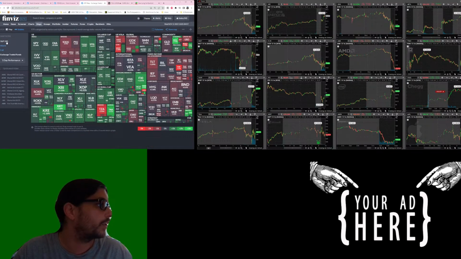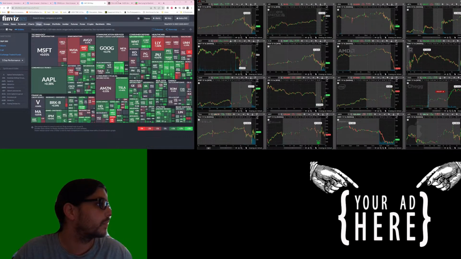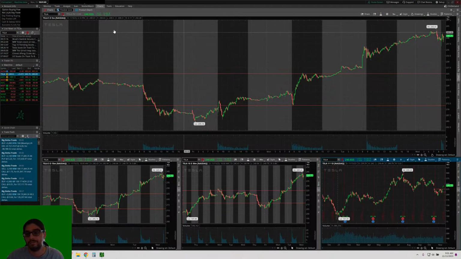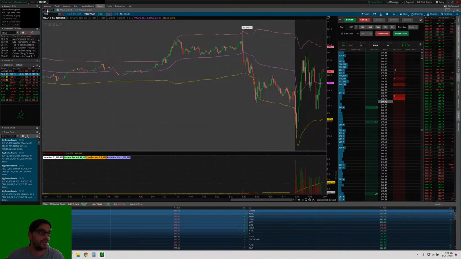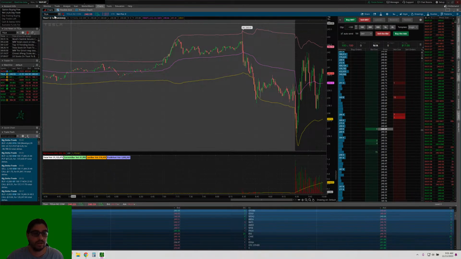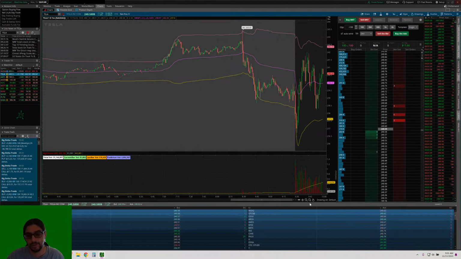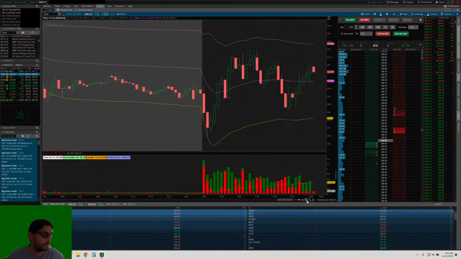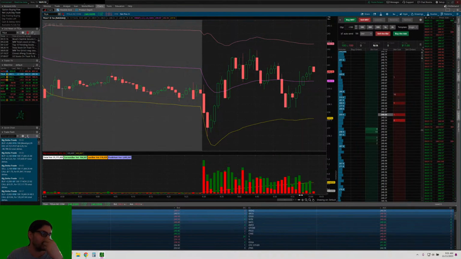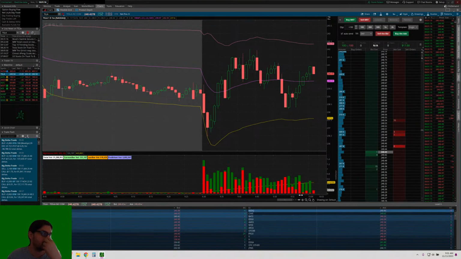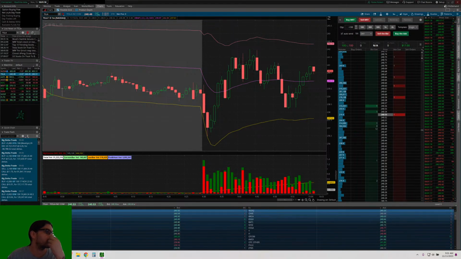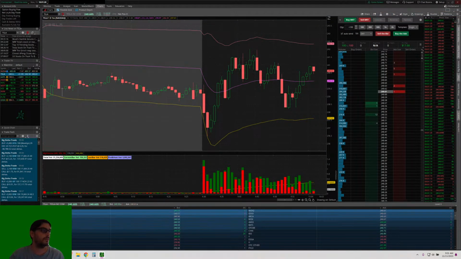Inverses are not going green. That's good. So, we definitely could have a bullish day. So does that mean I want to do a trade over here on Tesla as a bullish move? I don't think so.